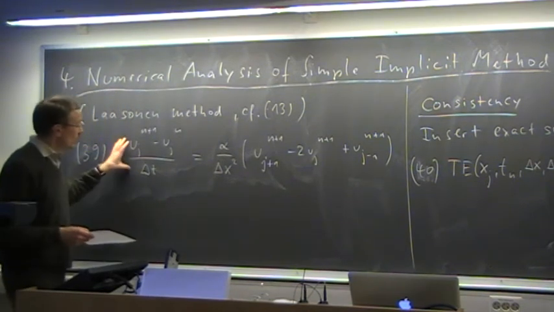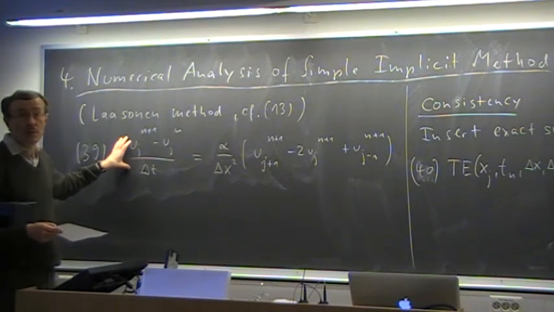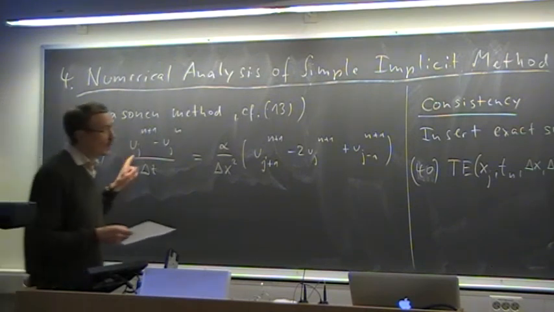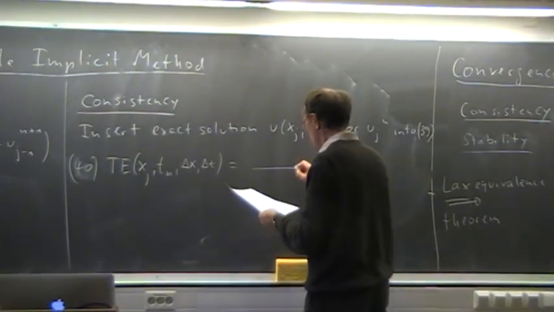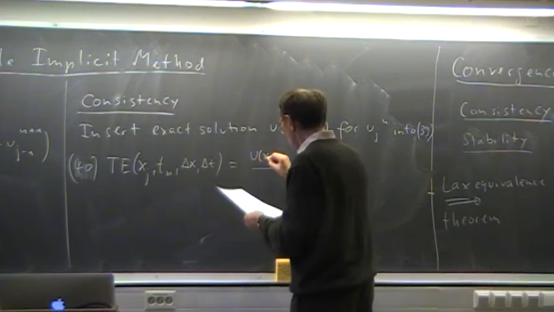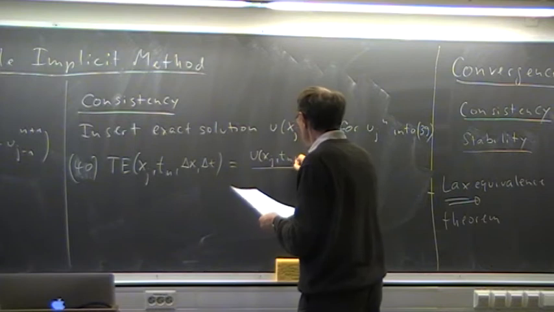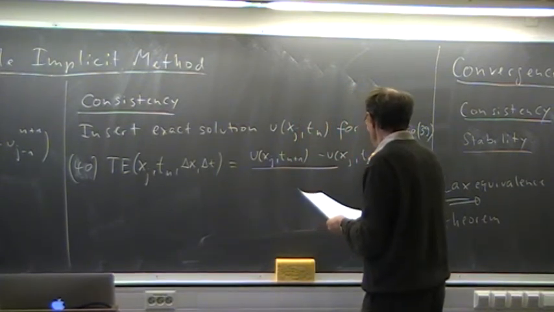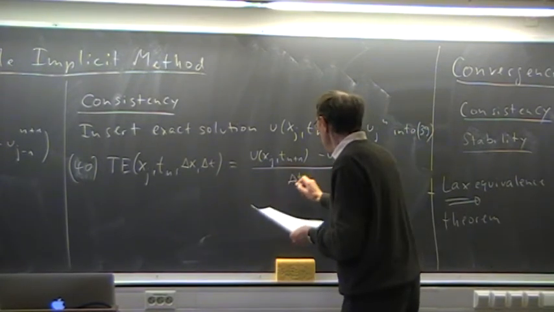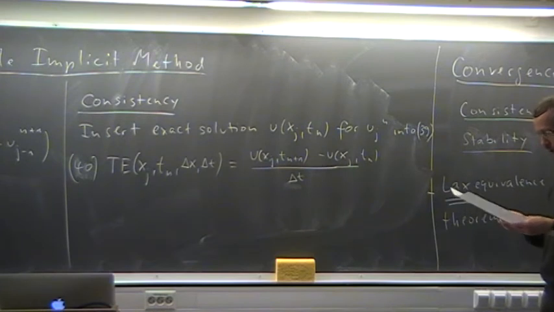It is always important for the consistency analysis that you see the approximation of the first time derivative. So we insert it in there, and then we get u of x_j, t_n plus 1 minus u of x_j, t_n divided by delta t. So that is what we also did for the forward time centered space.